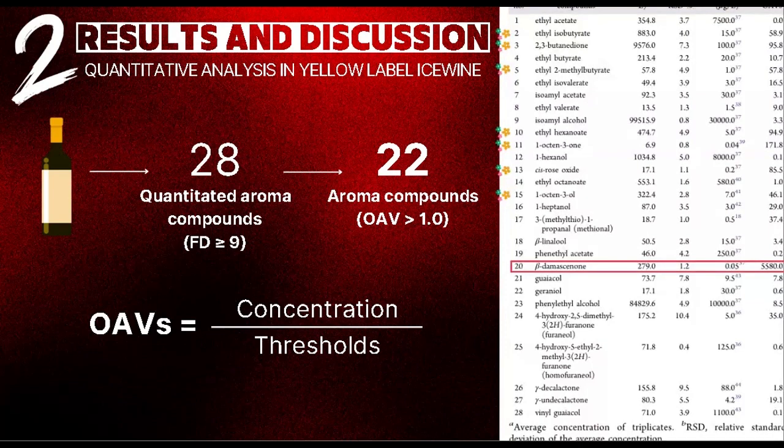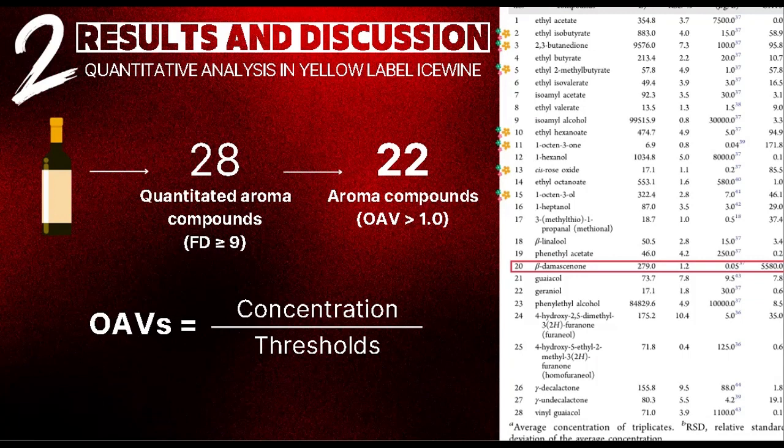Next is the results from the quantitative analysis in the yellow label ice wine. They used only compounds that had FD more than 9 to further quantitate. So a total of 28 compounds were quantitated via the method mentioned to obtain the concentration as shown in the first column.